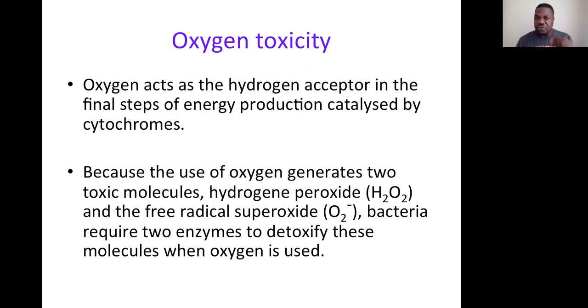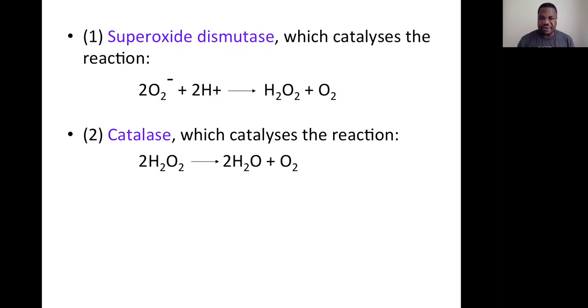So to be able to use oxygen as a last electron acceptor, the bacteria should be equipped with enzymes that are able to detoxify those molecules. Otherwise, the microorganisms cannot replicate or survive in the presence of oxygen if they do not have the necessary enzymes to destroy the hydrogen peroxide or radical superoxide. So this is very important.